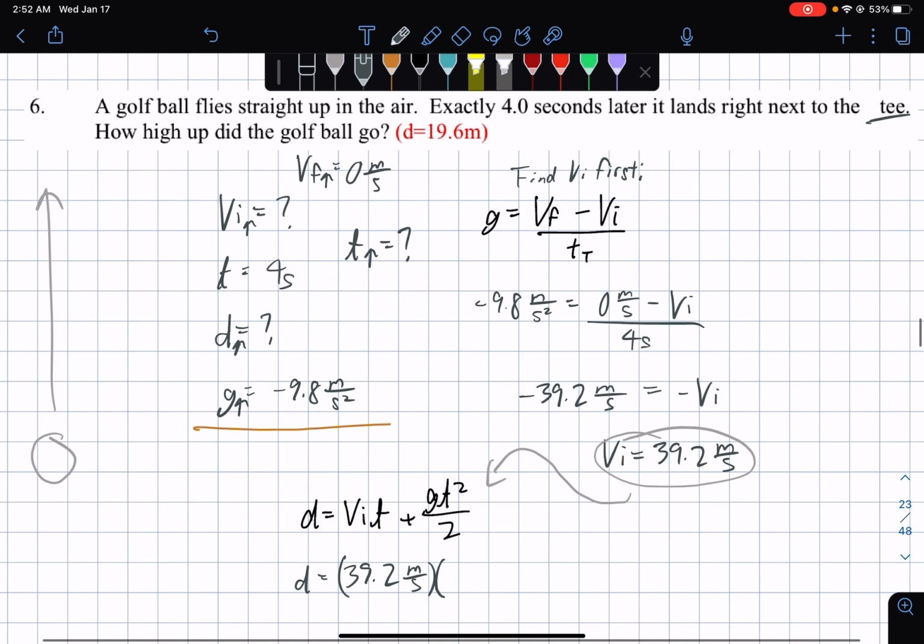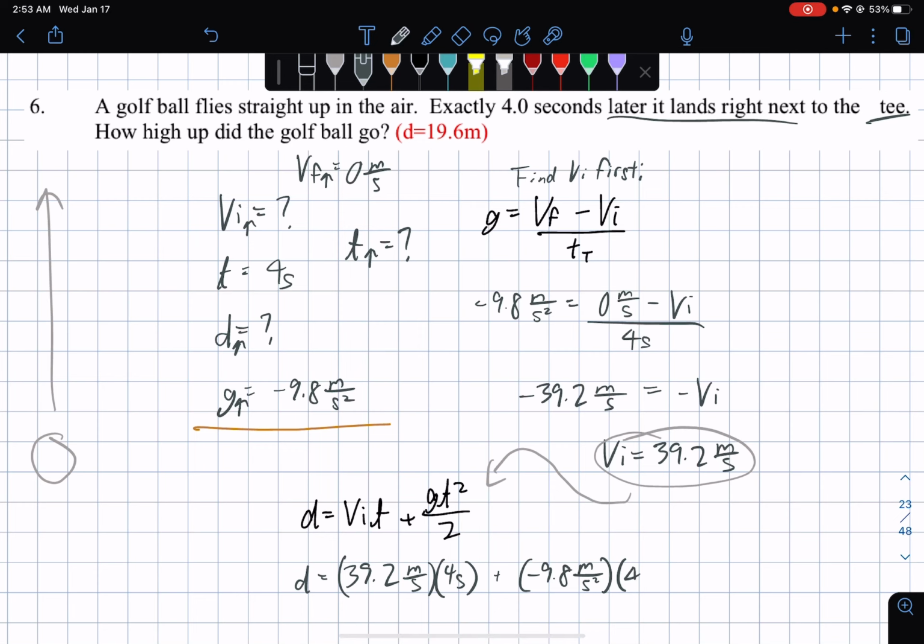Okay, so given that the time is 4 seconds, we have to look for the distance. I don't think we have to find this. It's not in the question. We're just being asked how high the ball is after 4 seconds, wherein it is said to have landed right next to the T. So gravitational acceleration is negative 9.8. Time is 4 seconds again.